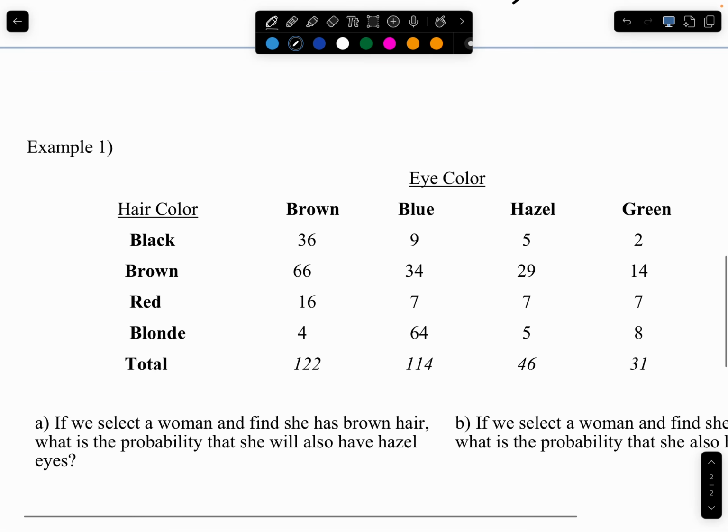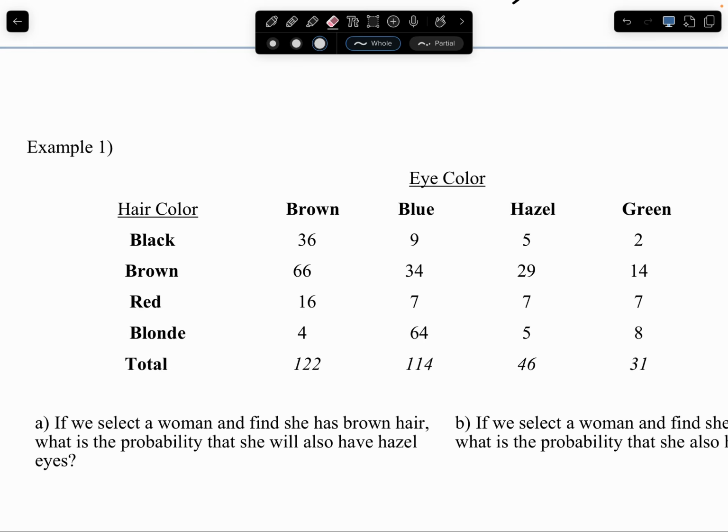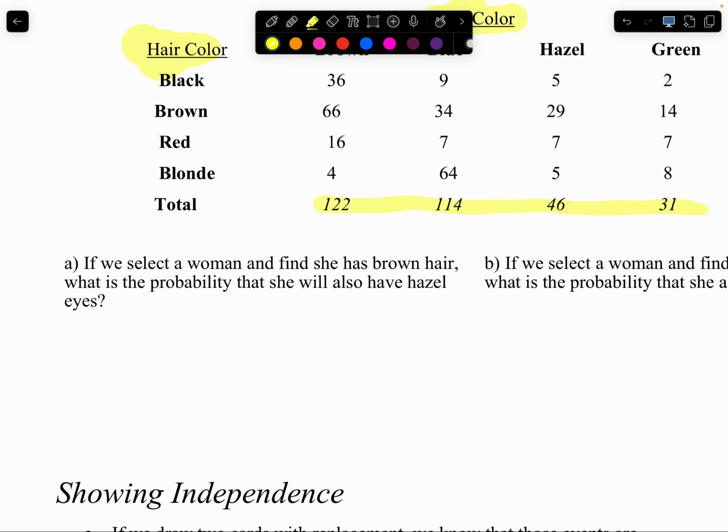Now, here we have hair color and eye color in the columns, all right? Our totals are on the bottom, all over here. And we select a woman, problem number A, and find that she has brown hair, okay?